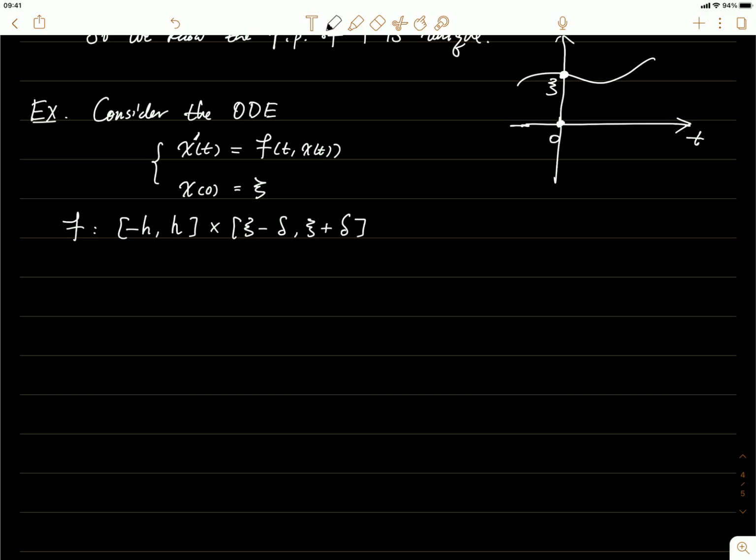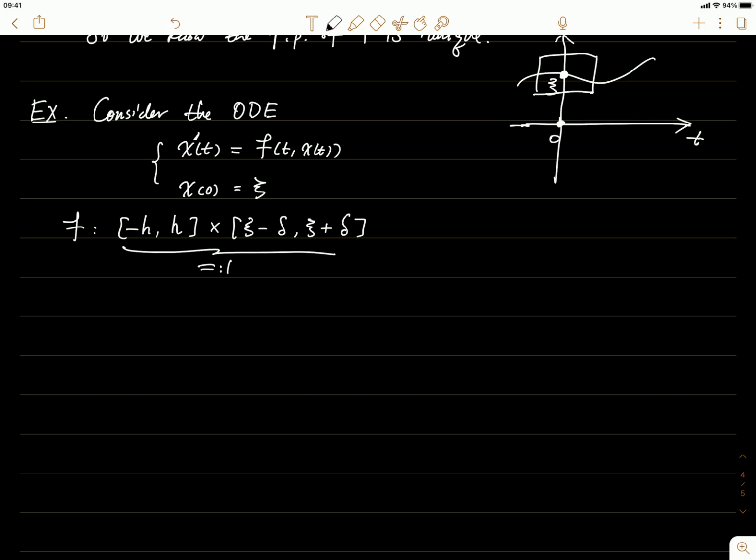So what this means is I'm only interested in a small neighborhood right here, and I'm going to show the existence at least in this neighborhood. If it's too far away, it would be difficult to guarantee. But at least if we're given the ODE like this, then at least locally in this box, the solution should exist.